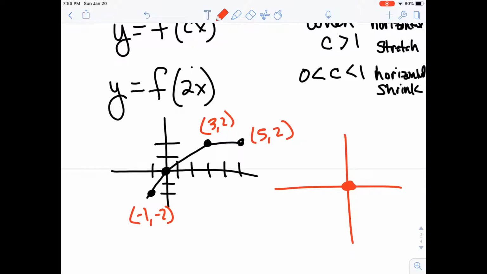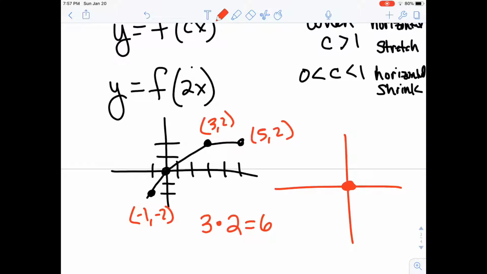And then this time, instead of looking at our y's, because we know it's a horizontal, we're going to be using in our equations y equals f of 2x, right? So C is 2. So I'm going to take my x coordinate this time, so 3, and I'm going to multiply it because it's a horizontal. Just like before, I'm going to multiply, so 3 times 2 is 6.